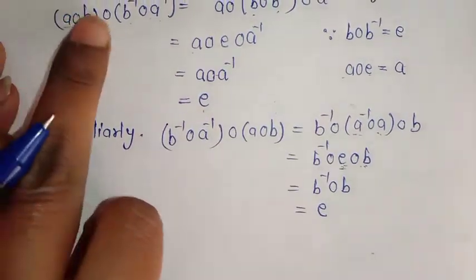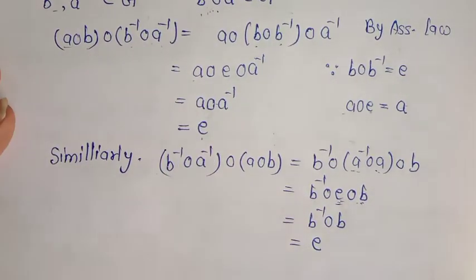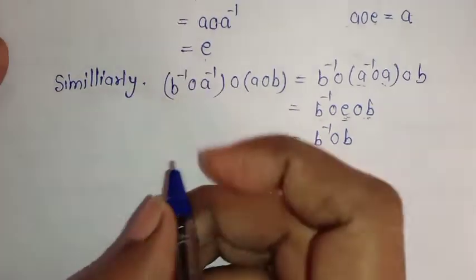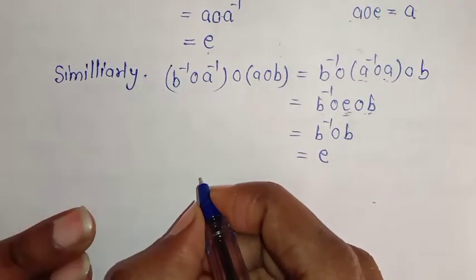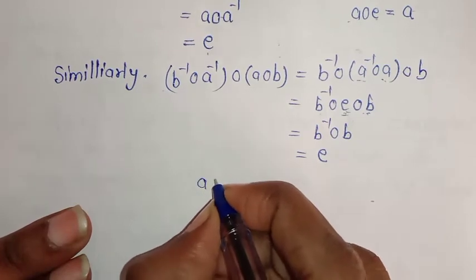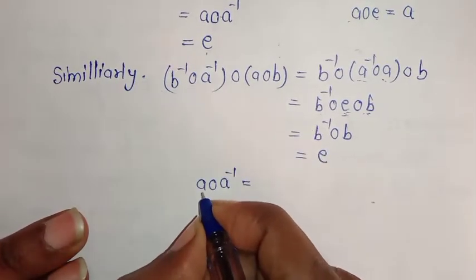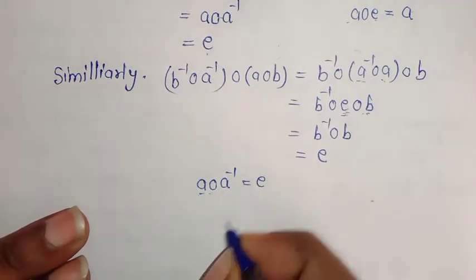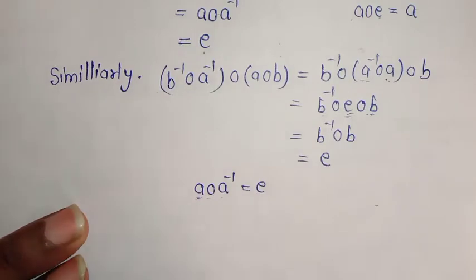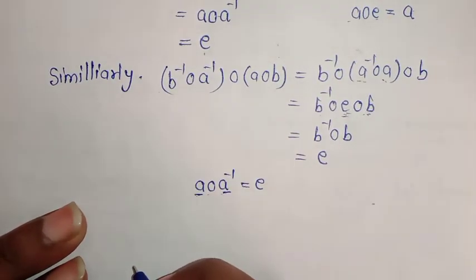So you can see this term and this term both are giving me the identity. And we know that when we apply the operation over two elements and we are getting the identity, it means the second element must be the inverse of the first element.